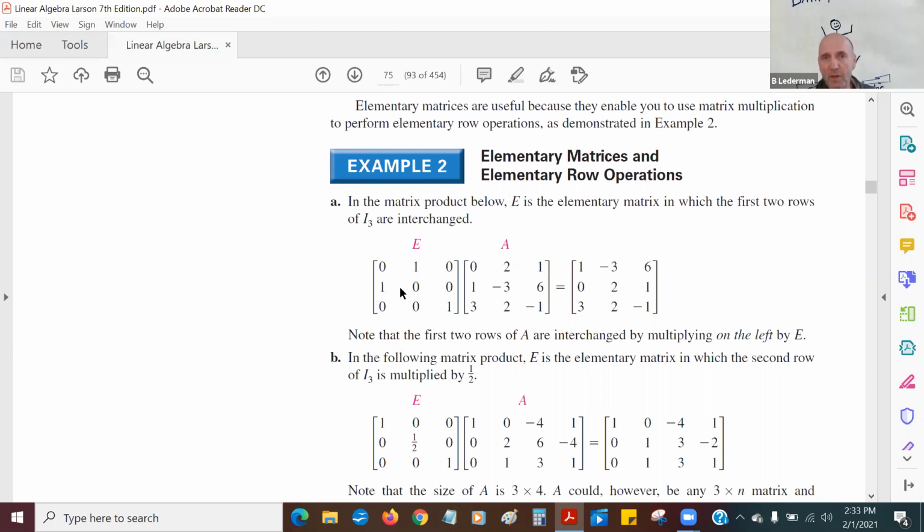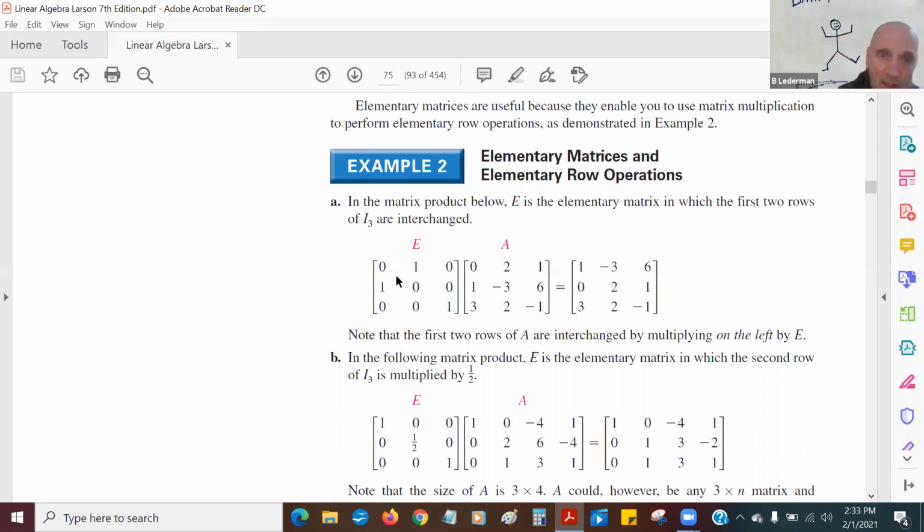Now I took this matrix E, which was elementary because all I did was switch the first and second row, multiplied it by some other matrix. And if you do this matrix multiplication, you will see the result is this one right here. But notice that the resulting matrix is basically matrix A with the top 2 rows switched.